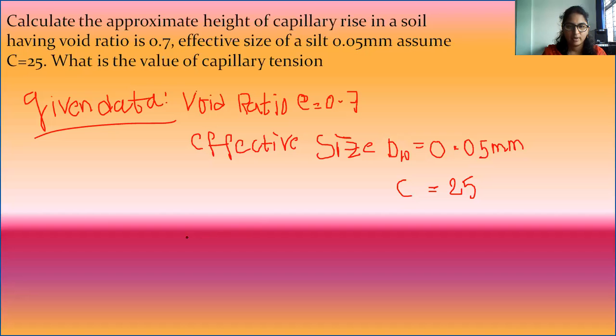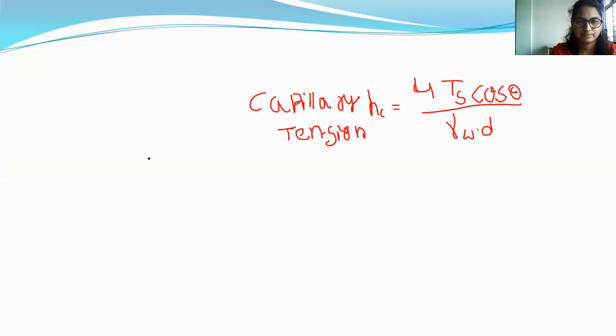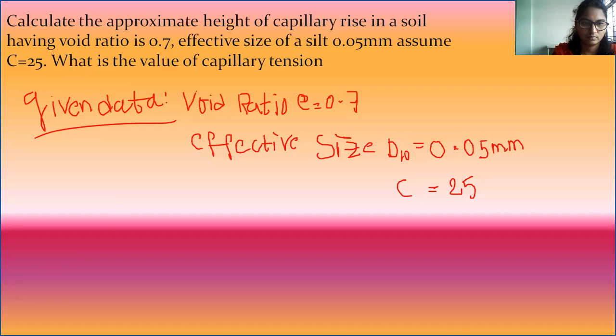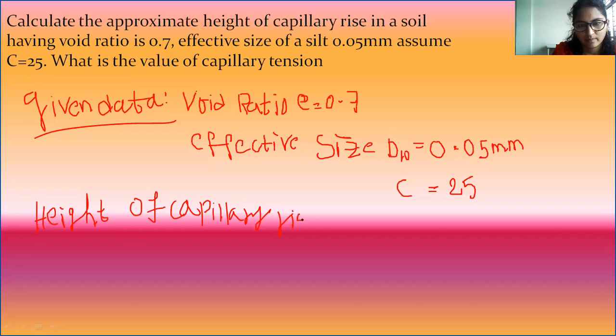So now, the height of capillary rise, h suffix c. What is the formula for h suffix c?